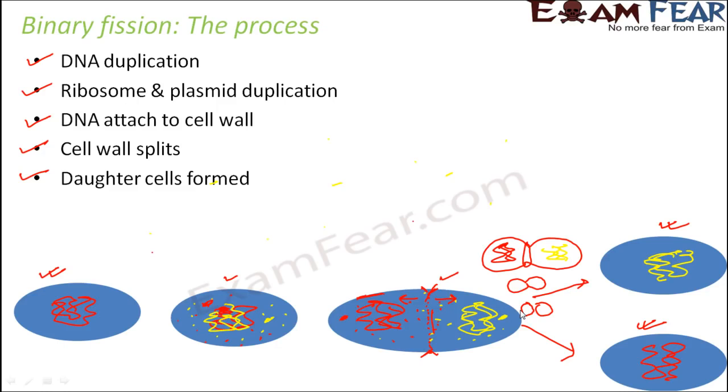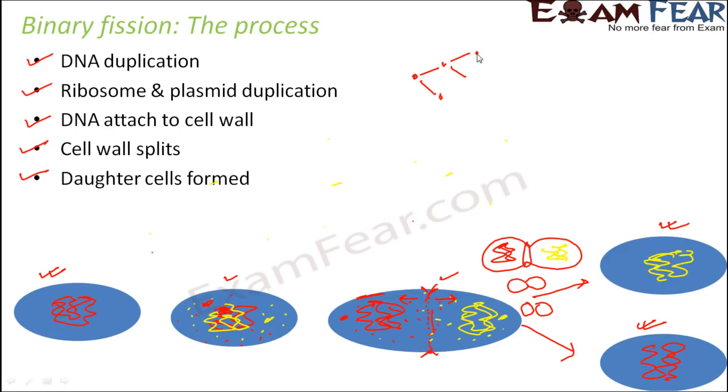Now this entire process of binary fission is quite fast. It is so rapid that it takes maybe approximately 20 minutes or so. And in these 20 minutes, millions of cells are produced. It is not that one binary fission, that is one cell divided to produce just two cells. Now each of them will also undergo binary fission. So you started with one cell, it produced two.